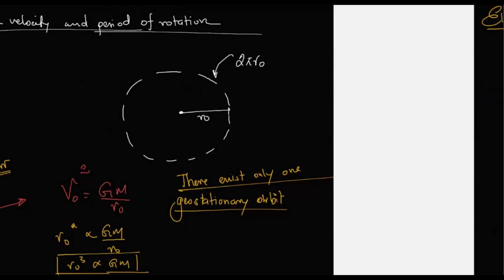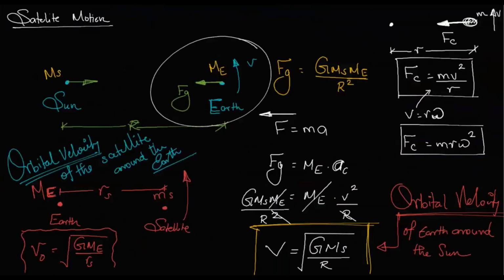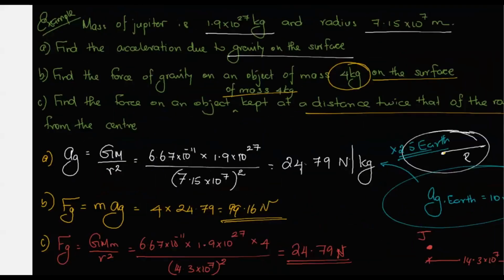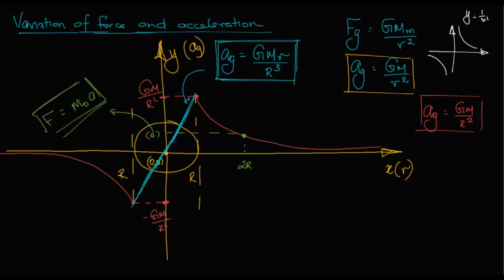So if I go back to the graph that I talked about in gravitational field, you can see that as r goes to infinity, the force is becoming zero, right?